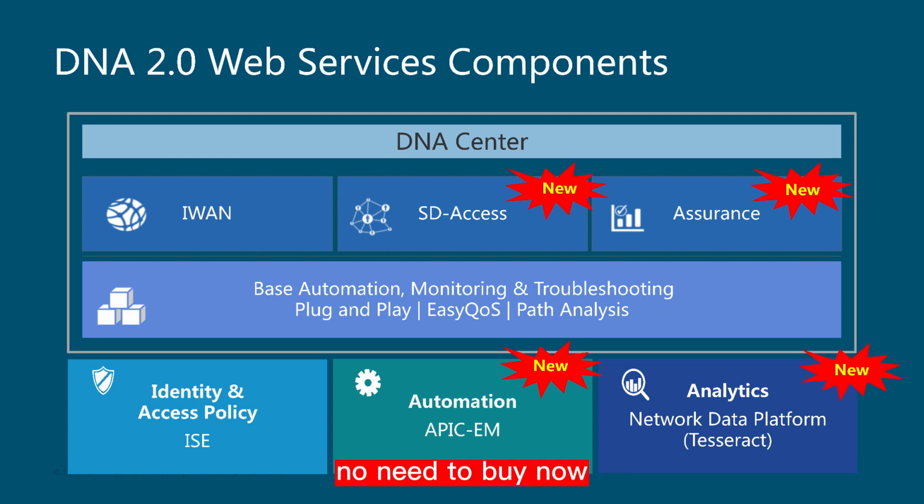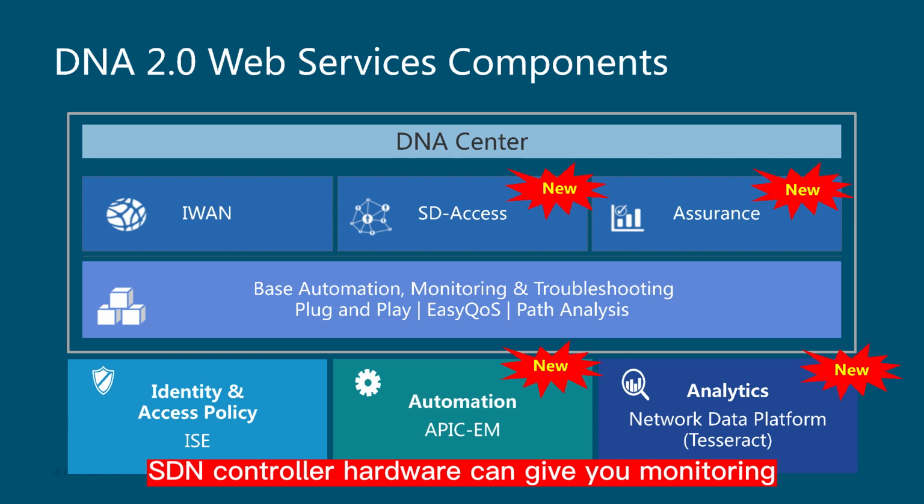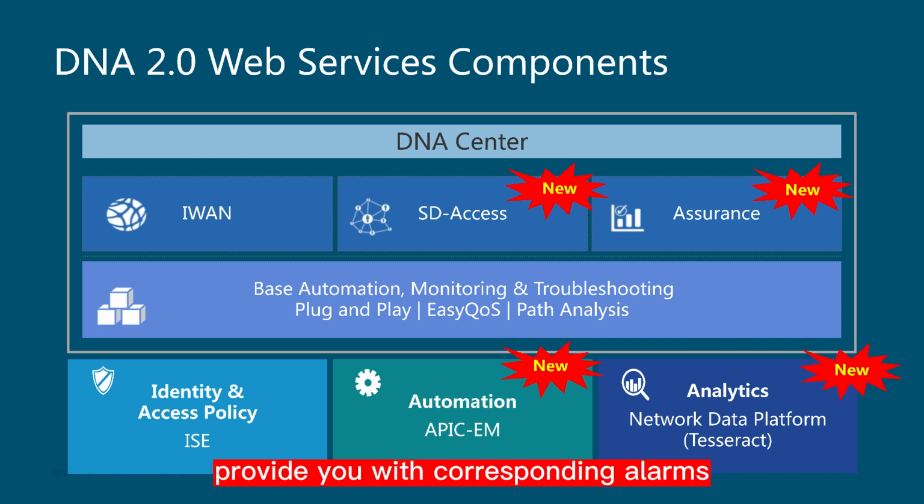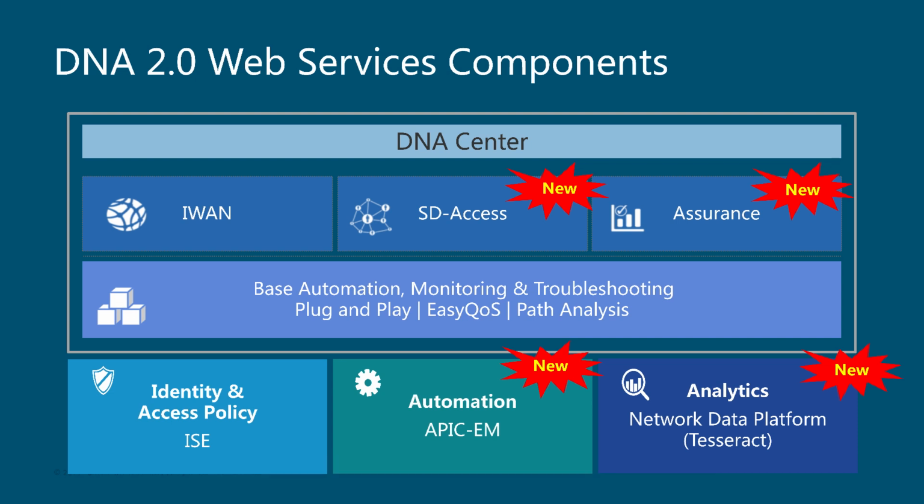No need to buy now. The SDN controller hardware can give you monitoring. Monitor interface bandwidth, CPU usage, memory, fan, device log, provide you with corresponding alarms, etc. It's all okay.